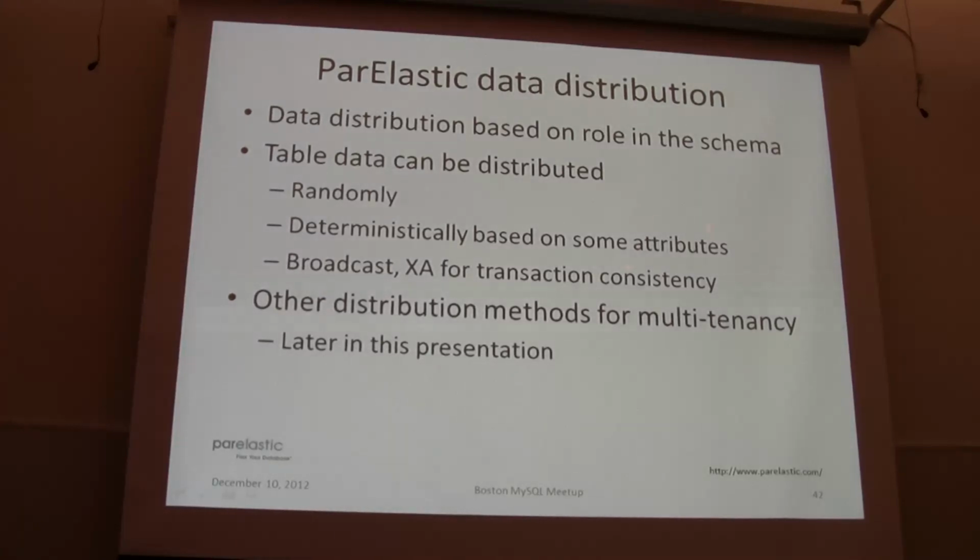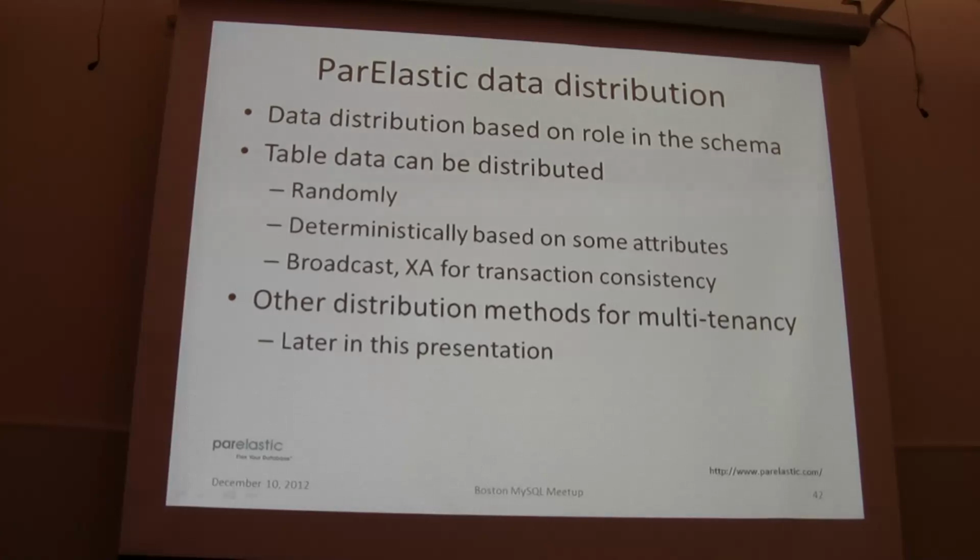Other tables, which are going to be used a lot for joins, distribute them deterministically based on some column. And by the way, I have a whole bunch of other tables which are reference tables in my schema, like in a star schema. These are your dimension tables. You define something called broadcast. The table is maintained transactionally consistent across all dimensions.